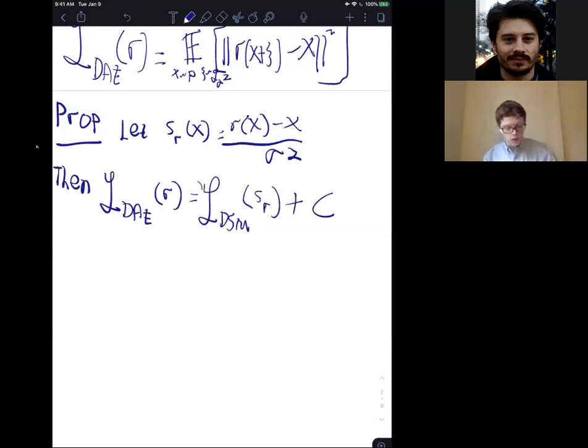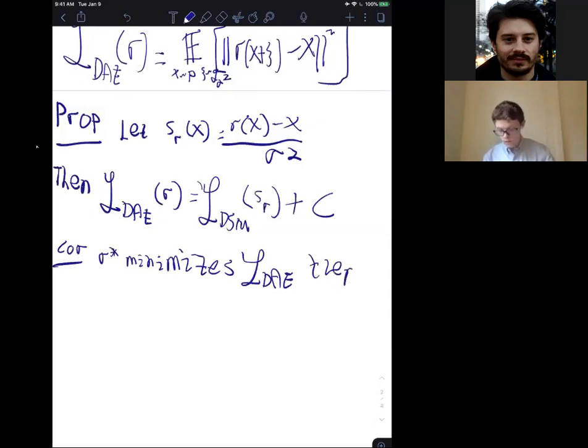And so we get as an immediate corollary that if R star minimizes the DAE loss, then R star of X is equal to X plus sigma squared del log P sigma squared of X.